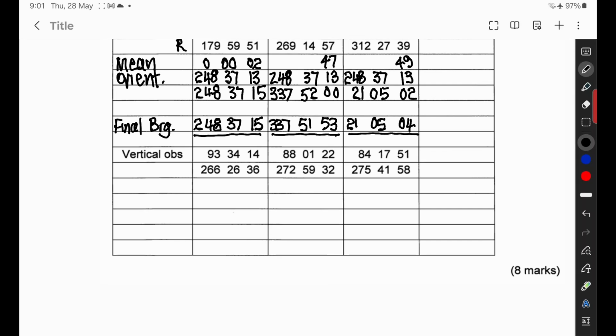So we just add those up. 50. 0, 0. 0. 360. Left face. Right face. Sum. Right. 54. 0, 0.